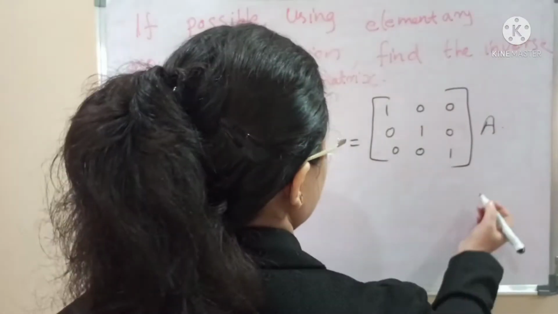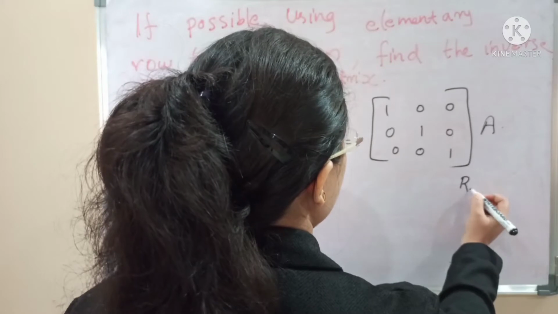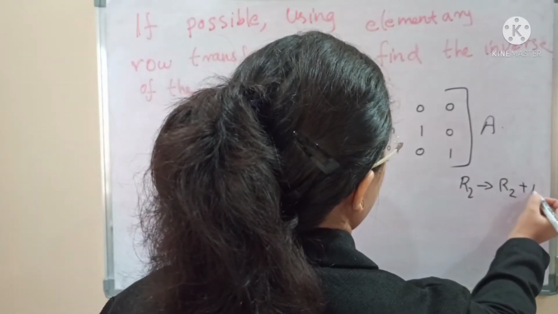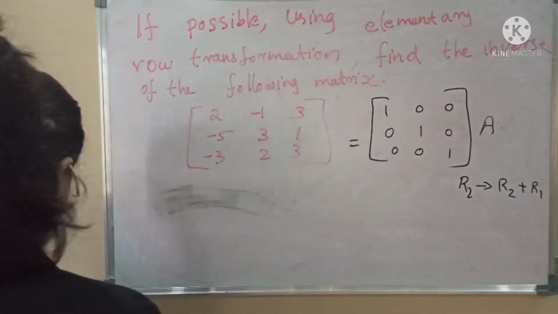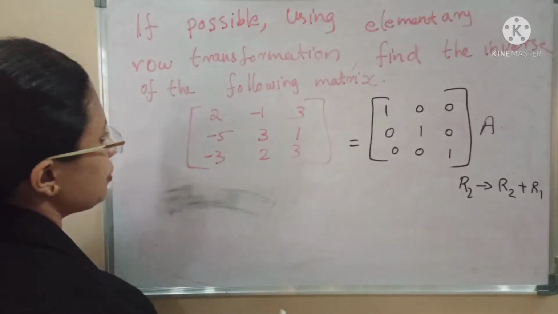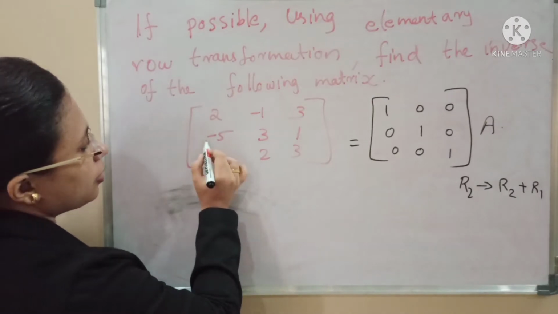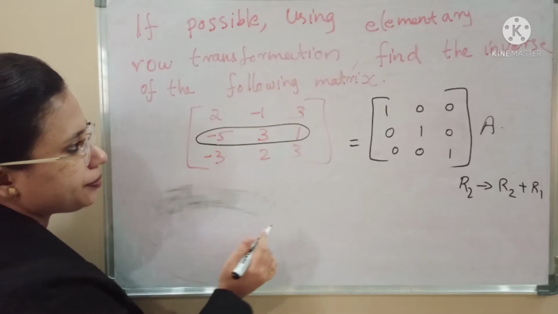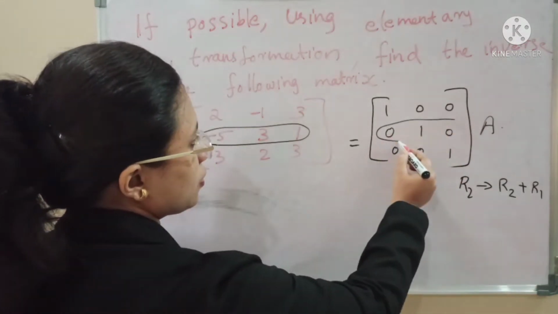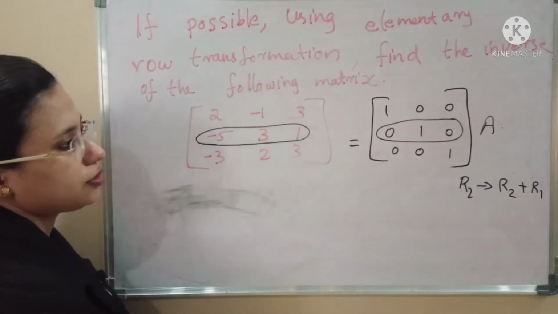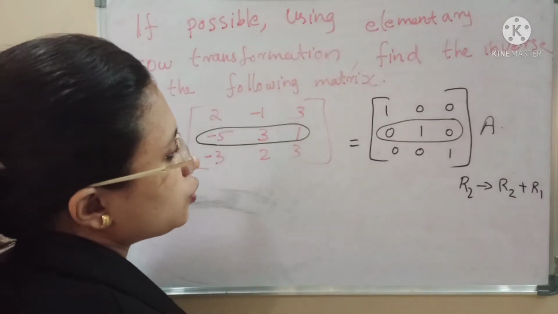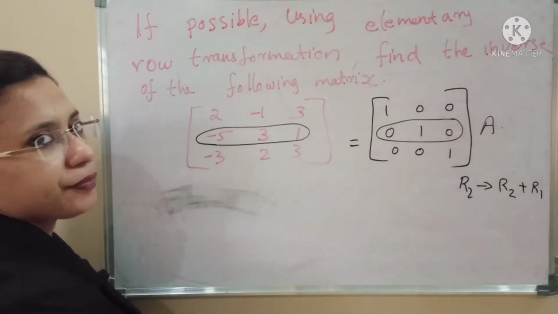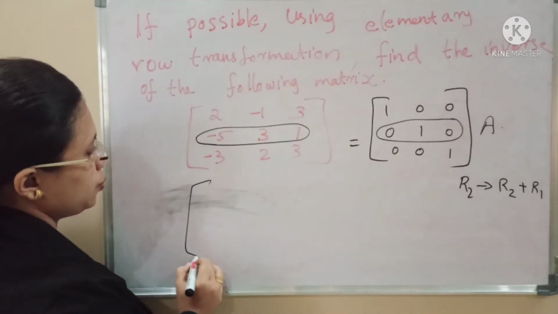So our first step will be R2 equals R2 plus R1. This will be the first transformation. So this row is going to change. R2 plus R1, R2 is minus 5 plus 2.